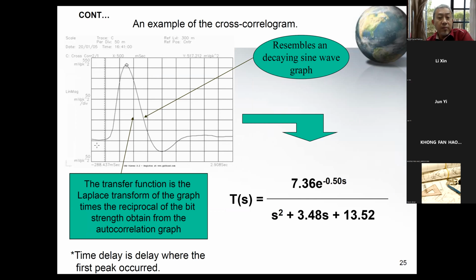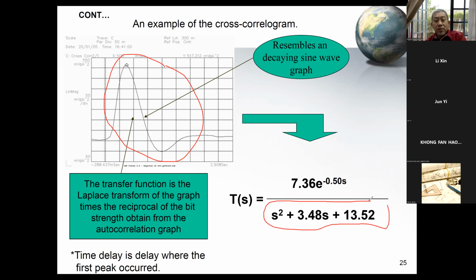For the input PRBS and the output, you can see that it gives you a decaying sine wave, as I mentioned in chapter 2C. The closed loop transfer function is 7.36 e to the power of minus 0.50 s, meaning that the time delay is 0.5 seconds, with complex conjugate poles at the bottom for the closed loop system.